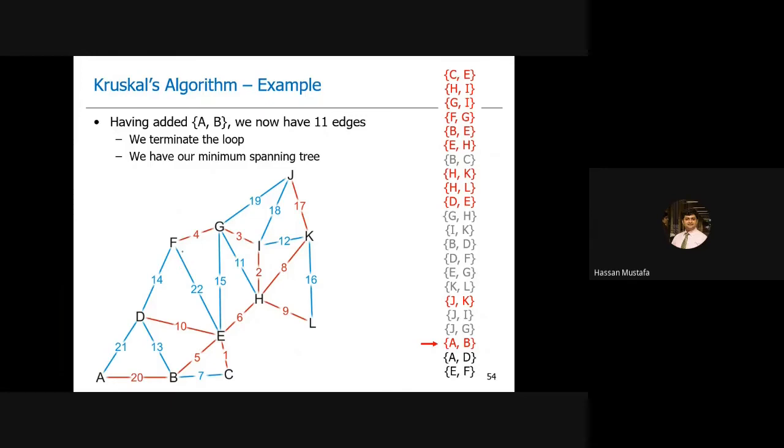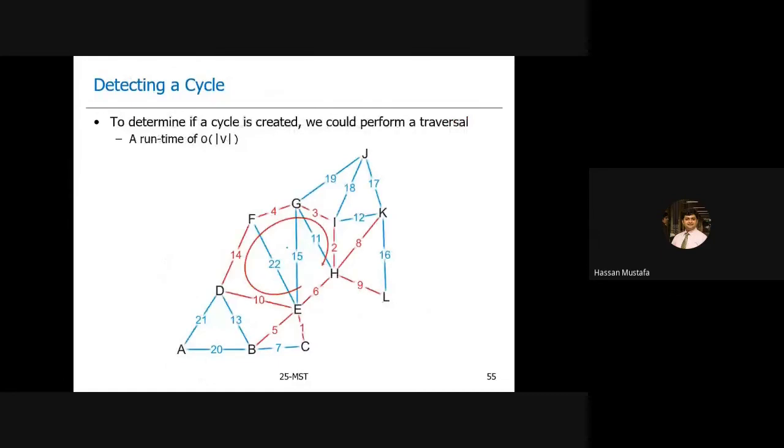Okay, so this is the minimum spanning tree, but how can I actually detect a cycle in the graph? If I now pick this edge between D and F, that is of course 14, this creates a cycle. How can I actually detect that cycle? So that's very simple. Simply need to perform a traversal, maybe a breadth first or a depth first traversal, starting from any one node from this tree.